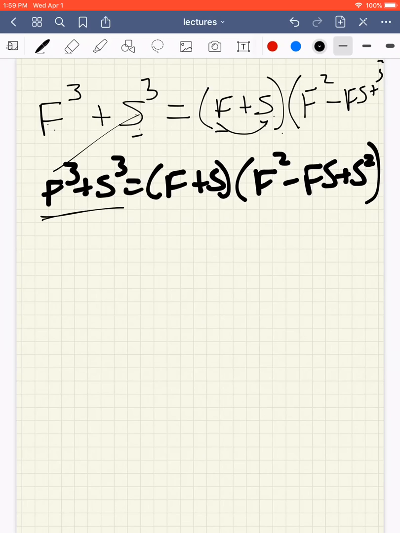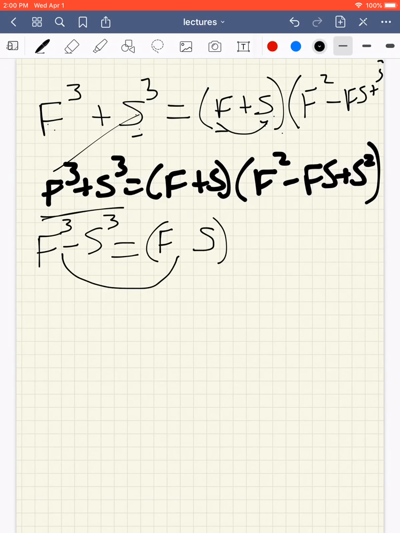The other possibility would be if we had f cubed minus s cubed. Still the cube root of the first goes here. Cube root of the second goes here. But whatever this sign is, it goes right here. Okay? First parentheses will be the same as your original problem. Okay, now forget about the original problem.